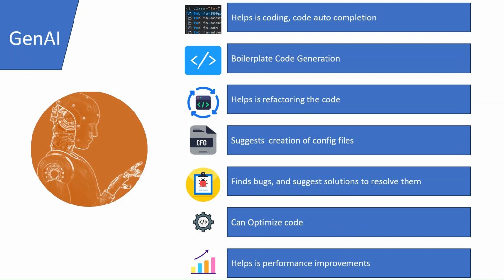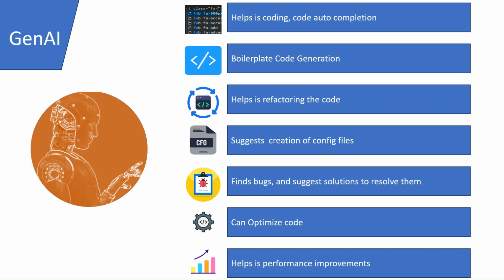From intelligent code automation to boilerplate generation, GenAI assists developers at every stage of the coding process. In code development and assistance, some GenAI tools help in coding, code auto-completion. GenAI can also be used for boilerplate code generation or template code generation. In some cases, it is fully functional code generation.